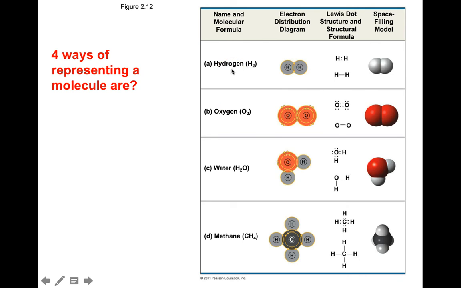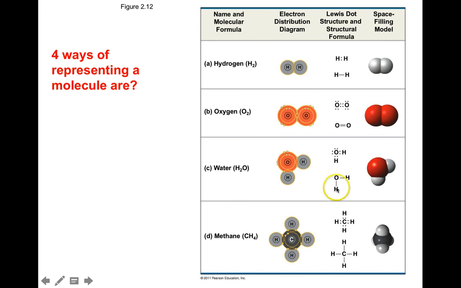Hydrogen molecule shares one pair of electrons represented by a single line. In one oxygen molecule O2, two oxygen atoms share two pairs of electrons, so this is a double covalent bond. In one water molecule, an oxygen is sharing a pair of electrons with each hydrogen atom.